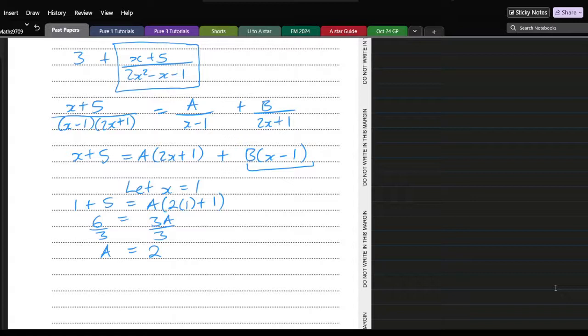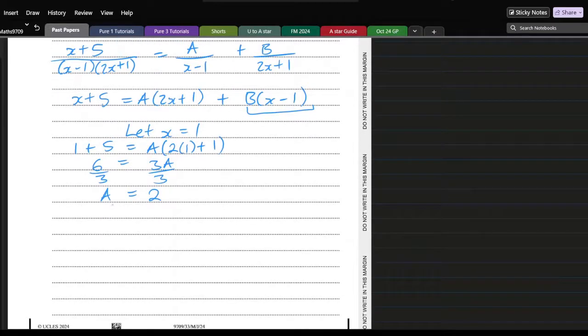Alright, now let's evaluate B. So let x equal to, we have to make the bracket that we have over here equal to 0. So that means we have to substitute x with negative 1 over 2. So that becomes negative 1 over 2 plus 5 is equal to B, open bracket, negative 1 over 2 minus 1.